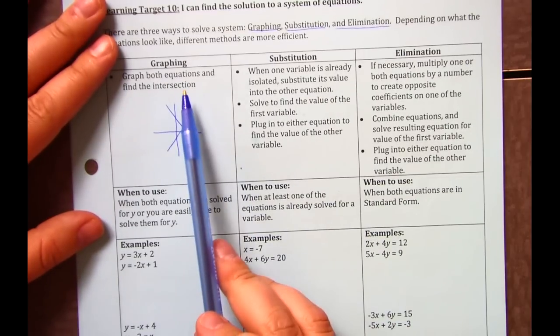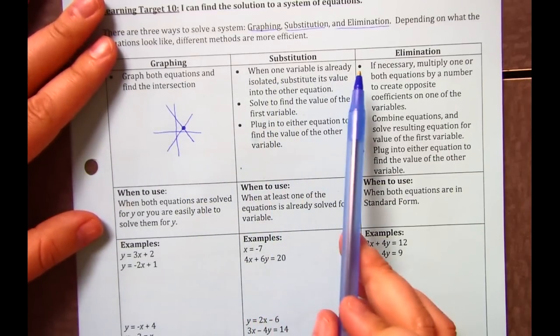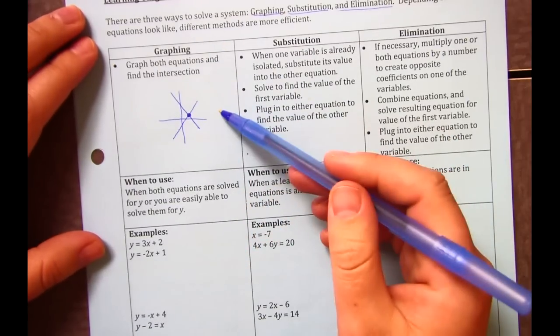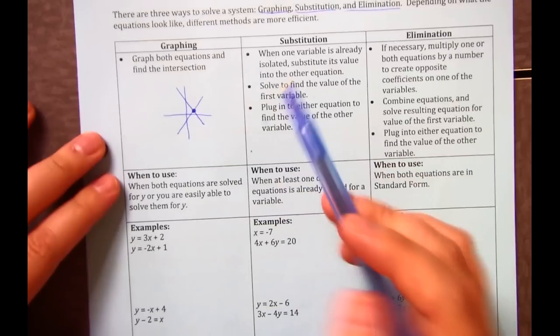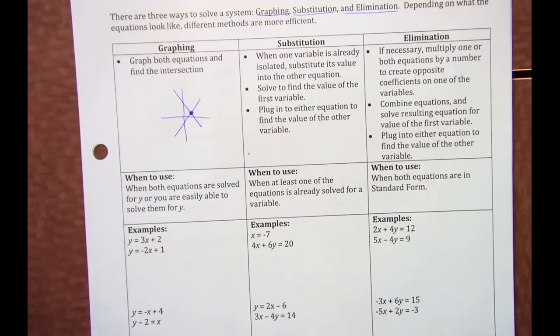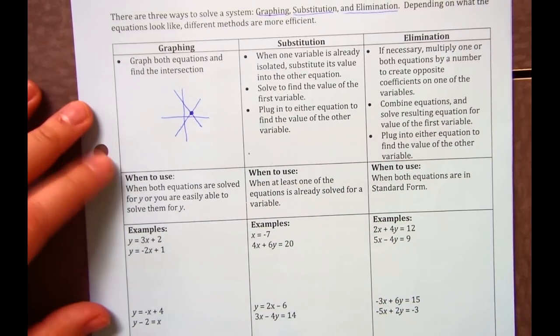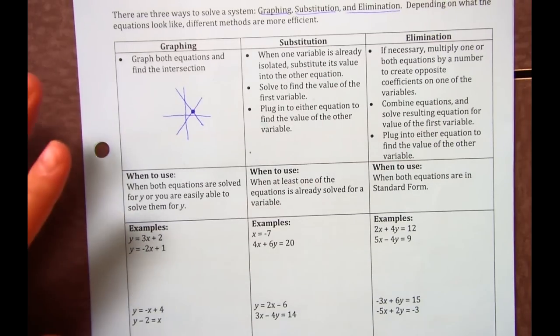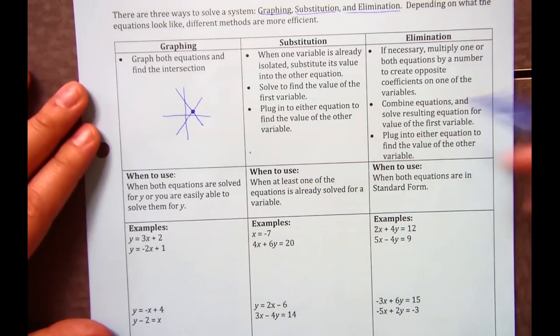So there's three methods: graphing, substitution, and elimination. In this video, we're just going to talk about graphing to solve these systems. It's the most visual way, and if you have a calculator, it can be the easiest way. If you don't have a calculator, depending on the problem, it could be easier to use one of the other ways.